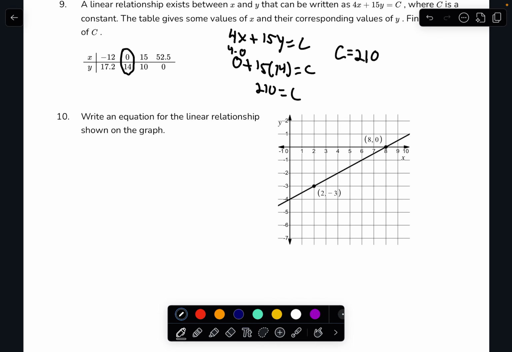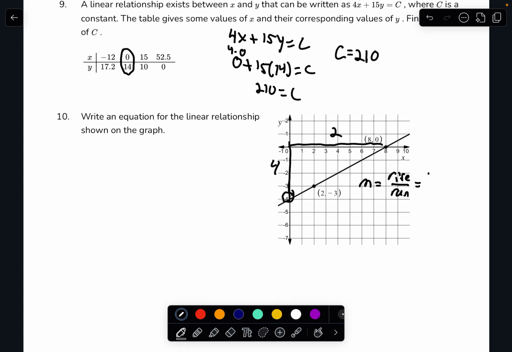Write an equation for the linear relationship shown on the graph. They gave us 2 points and a line. From these points, you can see what the y-intercept is, and you can count to get the slope. Counting going up, that's 4, and then to the right, 8. So m, which is rise over run, is positive, because we're going up and to the right.